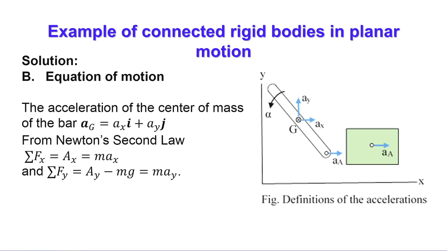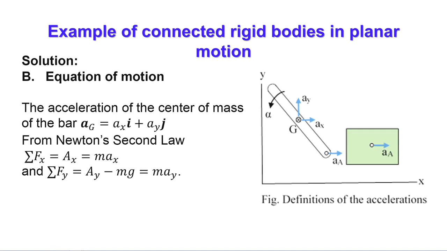So, for a G we assume that a x and a y are the two acceleration components of the center of mass, and Newton's law we apply for this bar: F x equals m a x, and F y, that is m g minus the force along the y direction, equals m a y, where a y is the y component of acceleration.